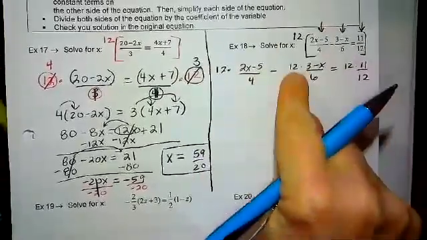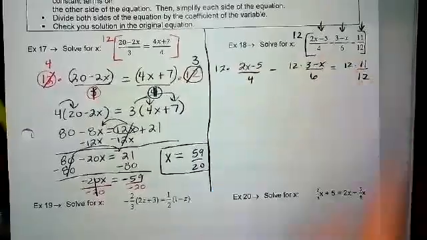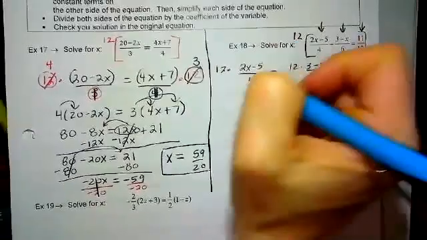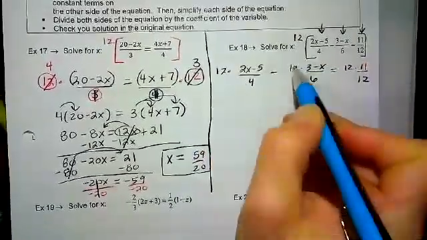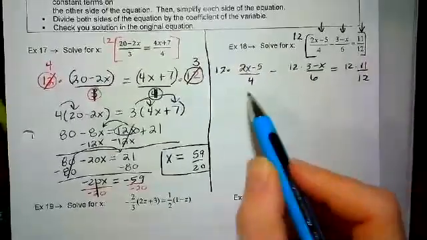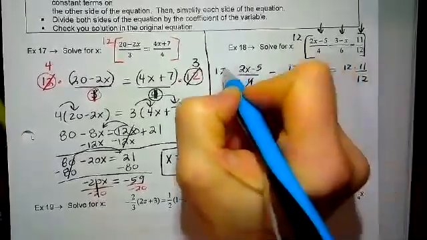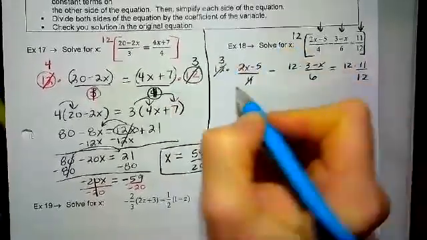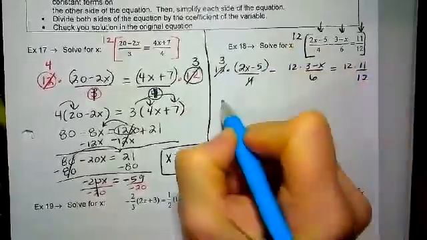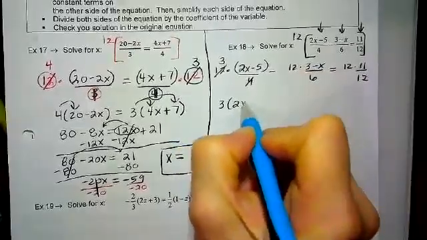Notice I'm just multiplying all things times 12. I just didn't write it in red this time. You'll see how we can cross reduce this out and get rid of the denominators in this first step. 4 goes into 4 one time and 4 goes into 12 3 times. So what we have left here is 3 times 2x minus 5.